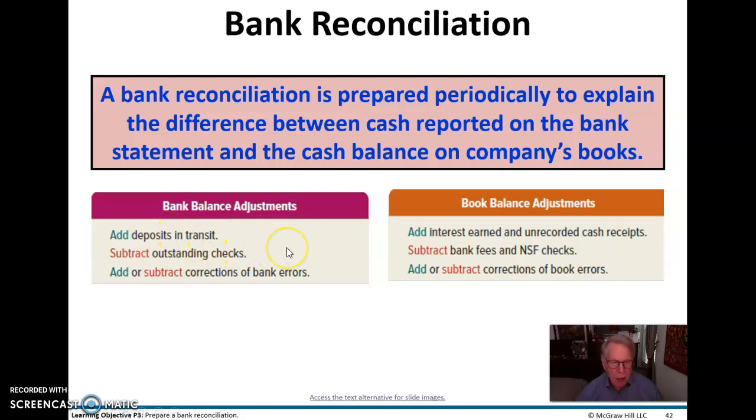Where on the bank side, there's no journal entries required. If the bank makes an error, we call them on the phone and say, please correct it, Mr. Bank. We don't do anything from the standpoint of a journal entry for that. But on the book side, any of these adjustments that we make, let's say for some printed checks that the bank did for us, we got to account for that with a journal entry.